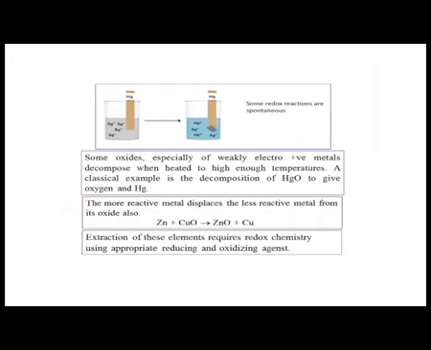In this case the more reactive metal is zinc. The reactivity of zinc is higher than that of copper in terms of the electron transfer reaction. It is a very simple observation, a very simple reaction, where we consider it as the removal of this oxide from copper to zinc.